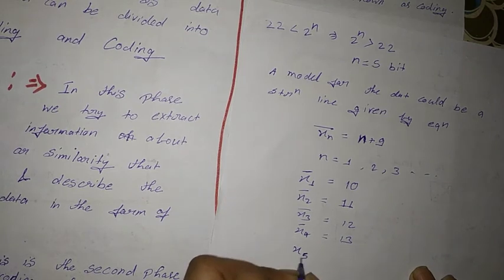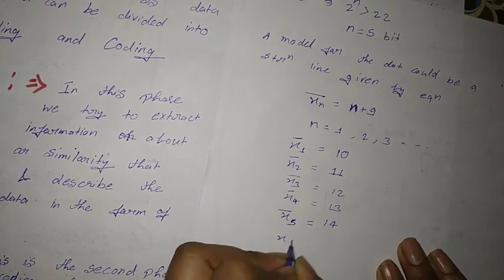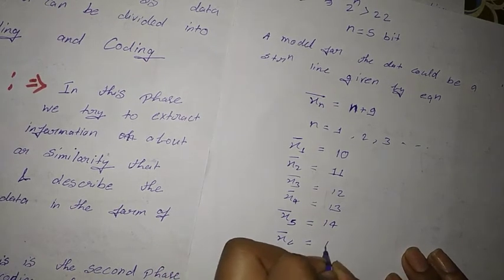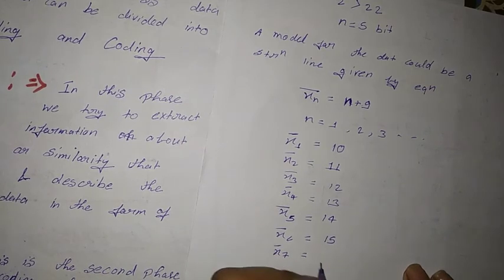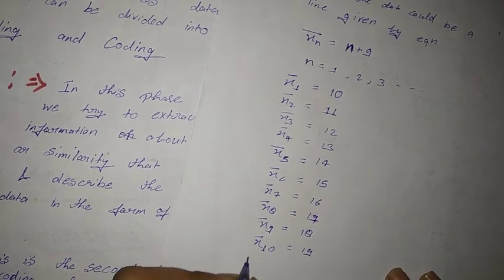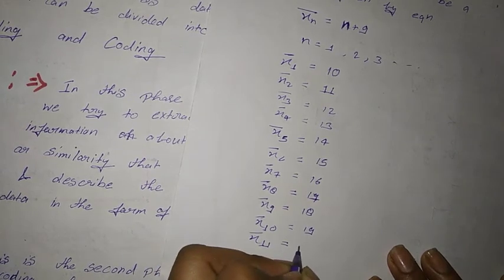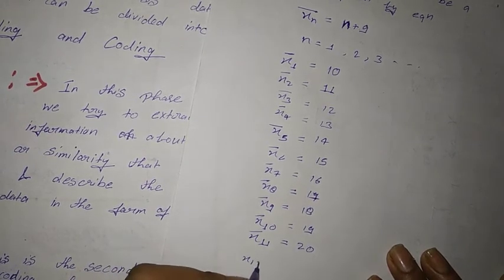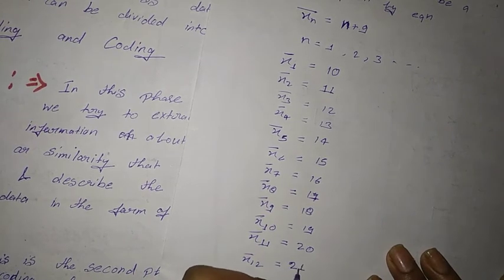So x5 bar equals 14, x6 bar equals 15, x7 bar equals 16, x10 bar equals 19, x11 bar equals 20, x12 bar equals 21.